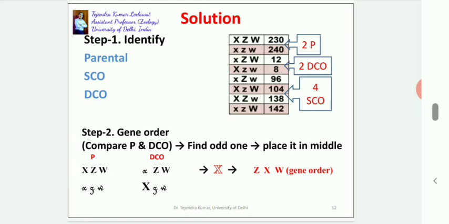At that time you have to count capital X and capital Z, and you should not count capital X and small z, because it means they were similar to the parent, and you should not calculate the parental sequence.